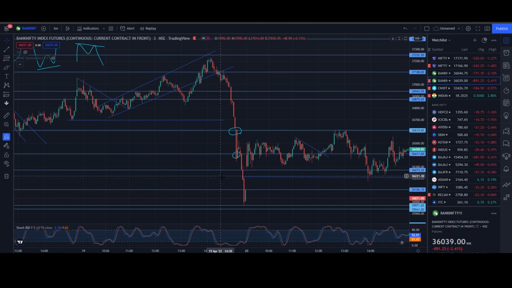If you would have considered that this would be a good trade for you, I do not recommend taking such a trade according to zone trading. There would be people who would have made money from here till here, but for us as zone traders, we would have made from 37,111 to 36,626 or 36,417.